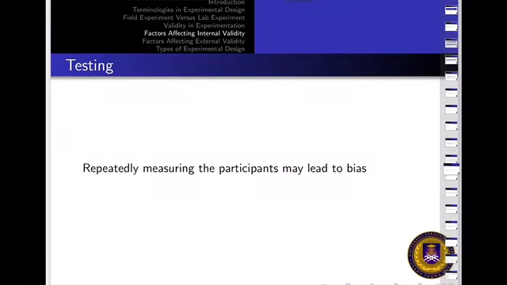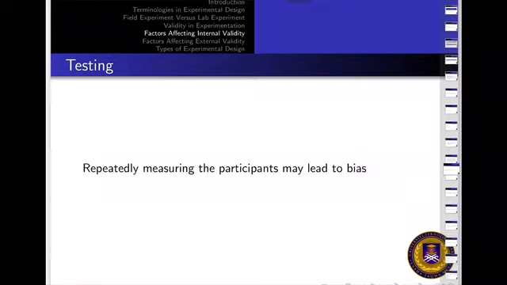And then testing, okay, repeatedly measuring the participant may lead to bias. So kadang-kadang when we do multiple or repeatedly measures, the respondent tend to give a different answer.